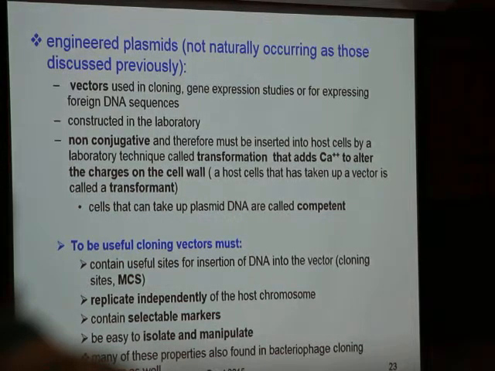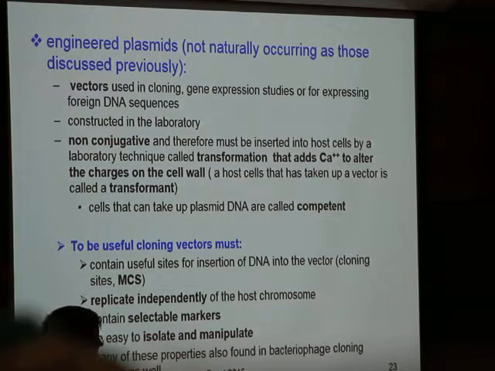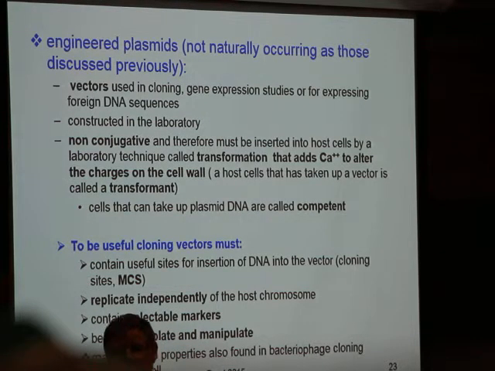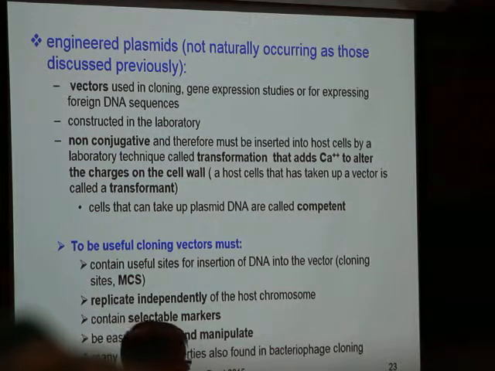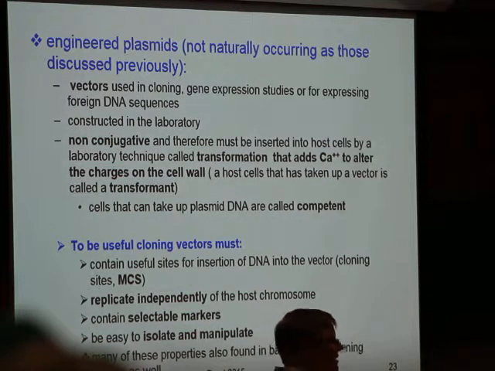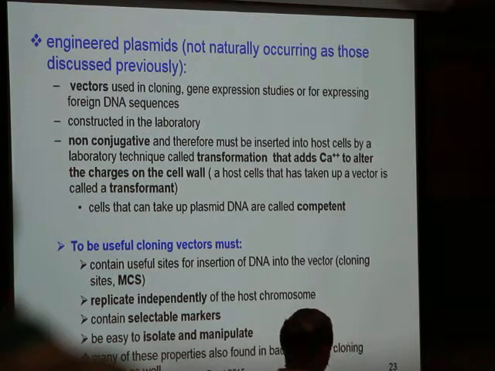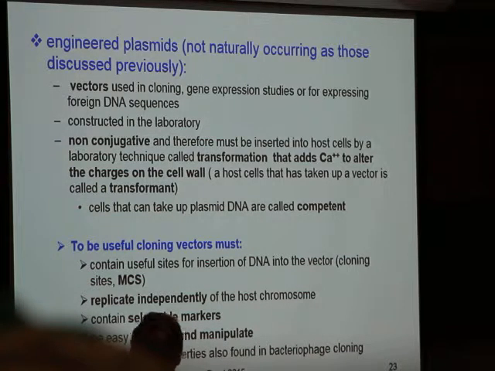They're the vectors that are used in cloning, gene expression studies, etc. They are constructed in the lab, and they have all the nasty things that we've talked about removed. So we maintain the origin of replication in these plasmids, but we remove the bad genes and the ability to carry out infection and conjugation.